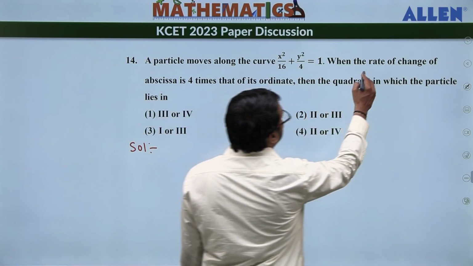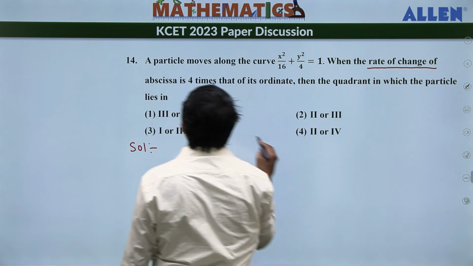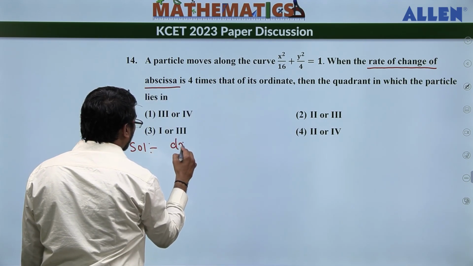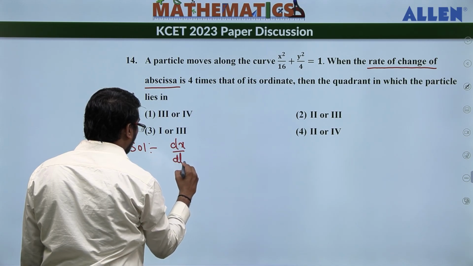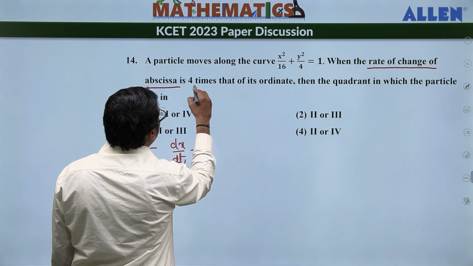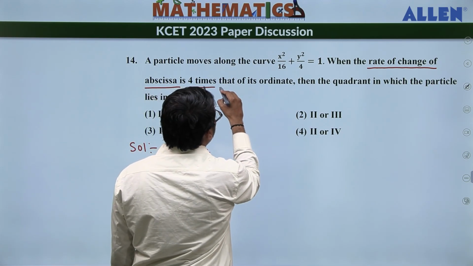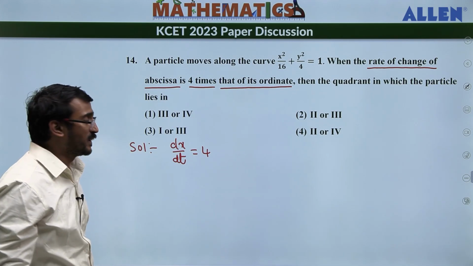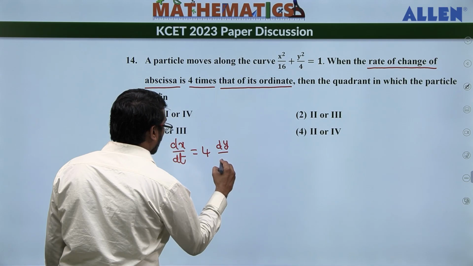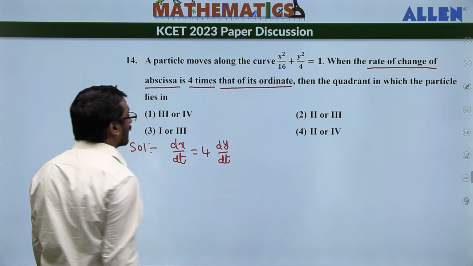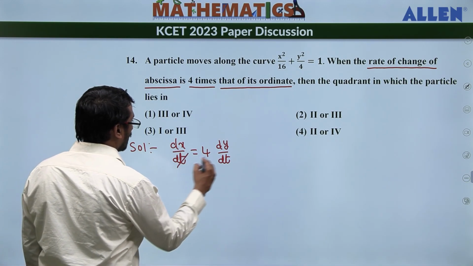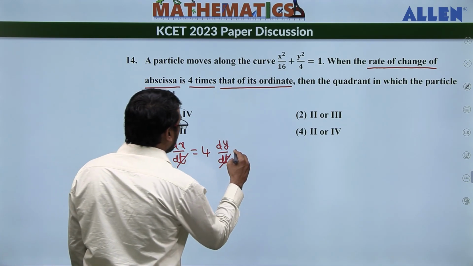Rate of change of abscissa, so dx by dt, is four times that of its ordinate, rate of change of ordinate. So, dx by dy is 4.